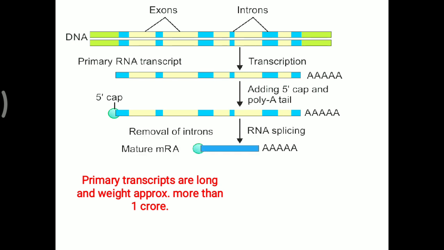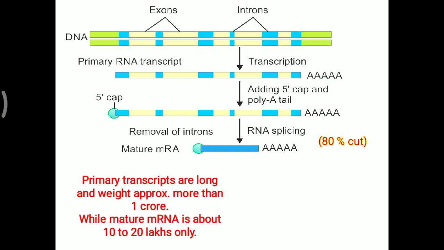Then, for the introns and exons, RNA splicing will occur: removal of introns, and all exons are joined together, finally making the mature mRNA. This mature mRNA has a molecular weight of only about 10 to 20 lakhs. Previously we saw the primary transcript has a molecular weight of more than 1 crore, while the mature mRNA is only about 10 to 20 lakhs, so there is an 80% cut from the primary transcript to the formation of the mature mRNA.